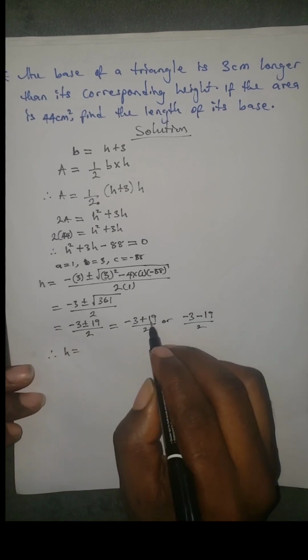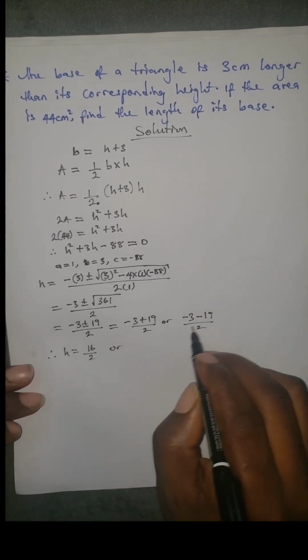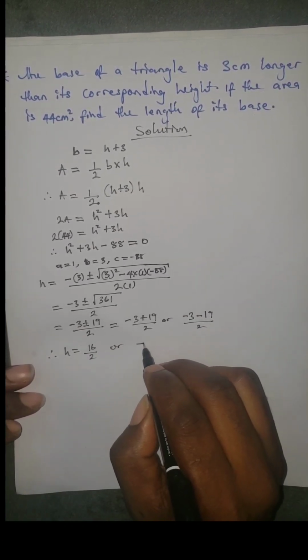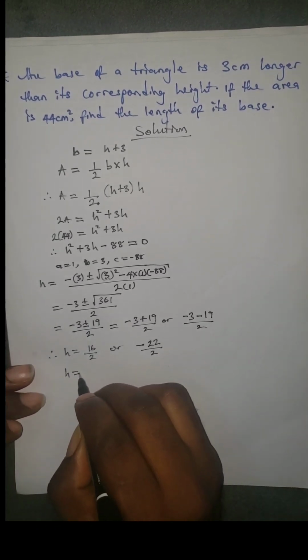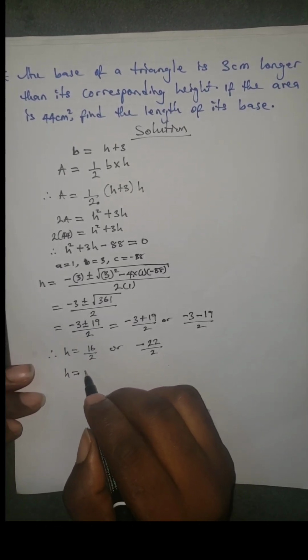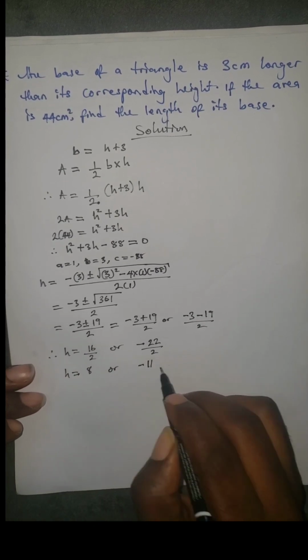Therefore, h is going to give you, from here, 16 over 2, or from here, minus 22 over 2. So h is equal to 8 or minus 11.